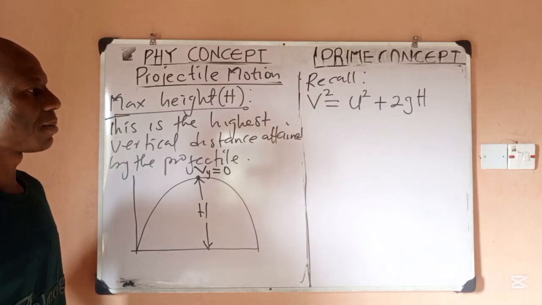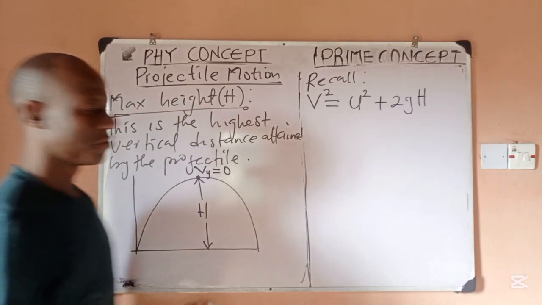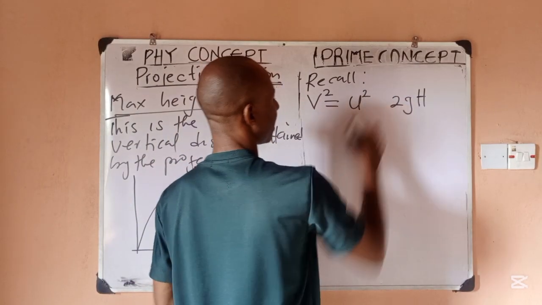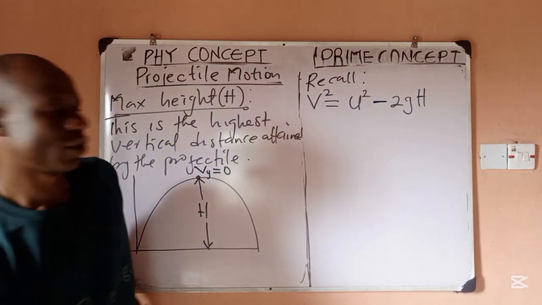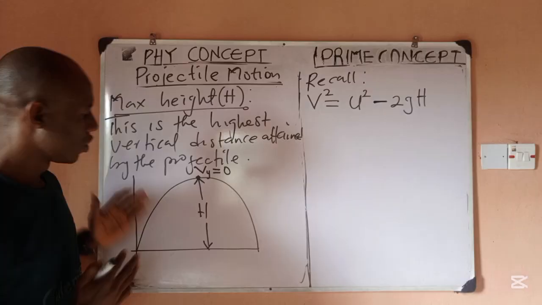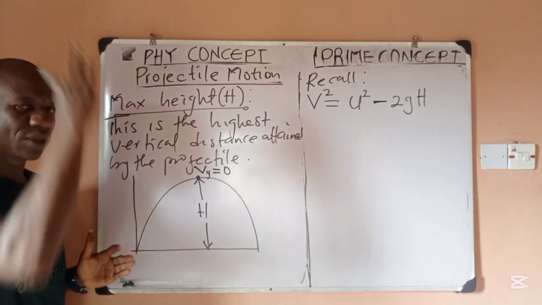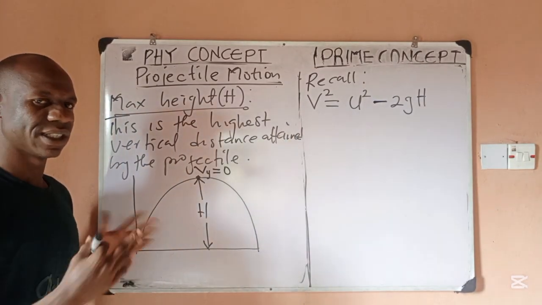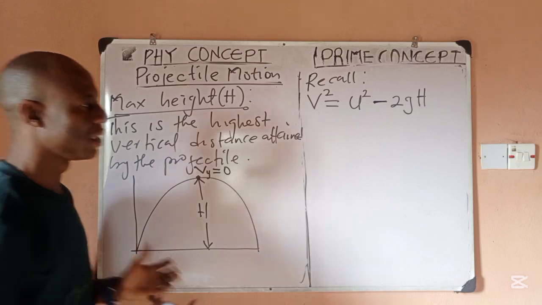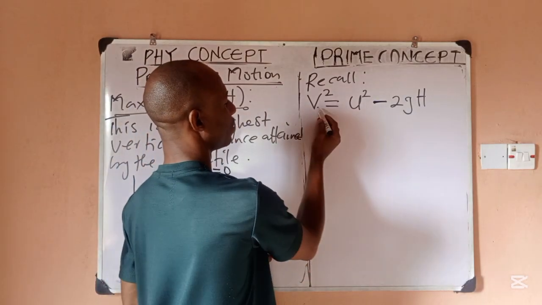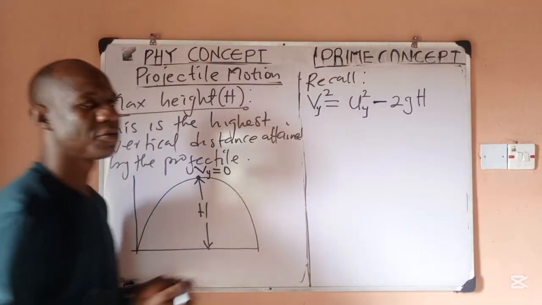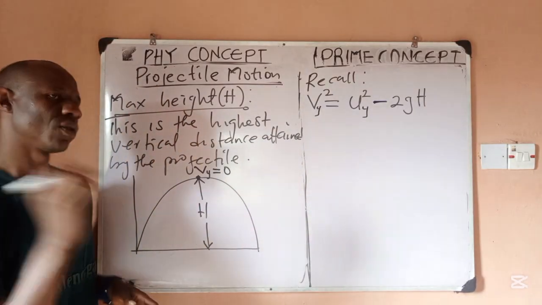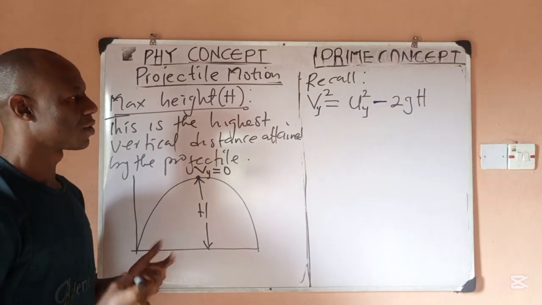Now, since we are talking about upward vertical movement, we're going to consider the sign to be negative. Going up, you're projecting up. Using what we have known, we are considering vertical motion, which is independent of horizontal. So strictly, I'm going to replace this with Vy, replace this with Uy, since we are considering vertical motion up, thrown up, maximum height, right?